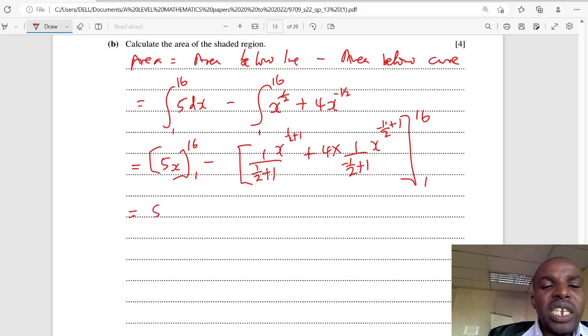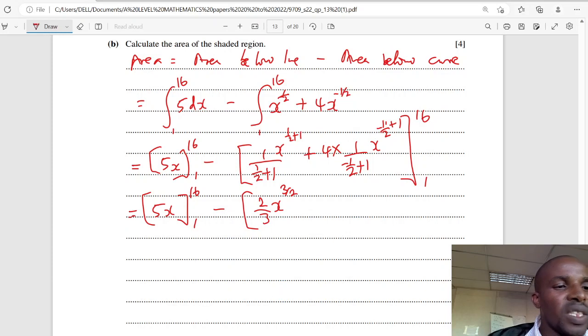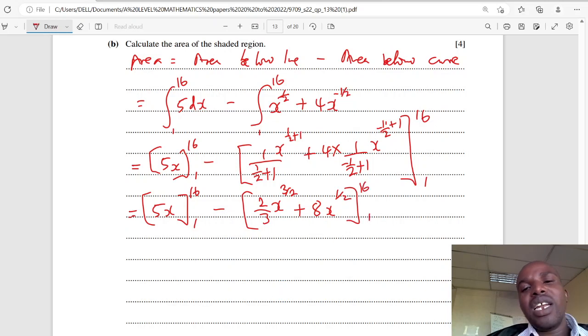Half plus 1 is 3 over 2, so it will be 2 over 3 x to the power 3 over 2. Then minus half plus 1 is half. 4 divided by half is 8. So it's plus 8 x to the power half, with limits 16 and 1.